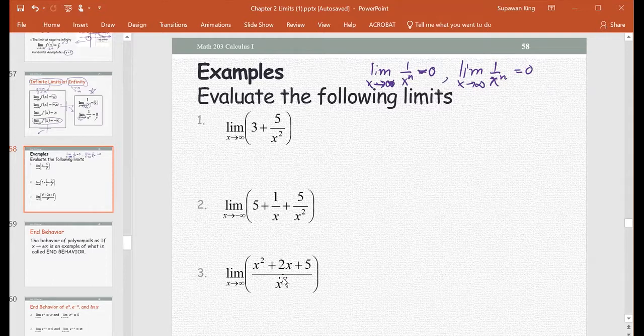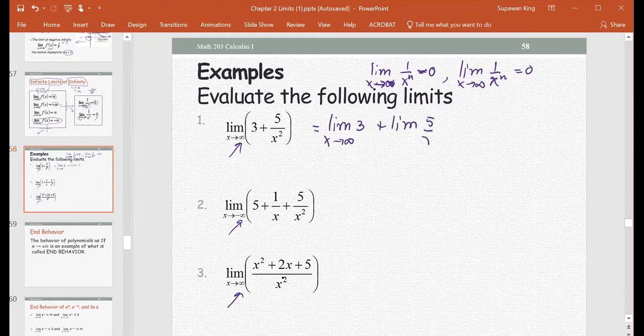For number 1, you have 2 terms, and we look at x approaching infinity. We are talking about the limit at infinity, so we find the limit. The limit of the sum is the sum of the 2 limits. I'll break it down for this problem, and then we can do it in a quick way for the rest of them.